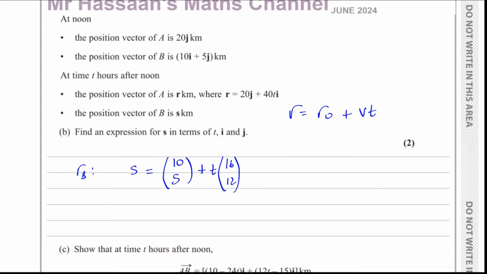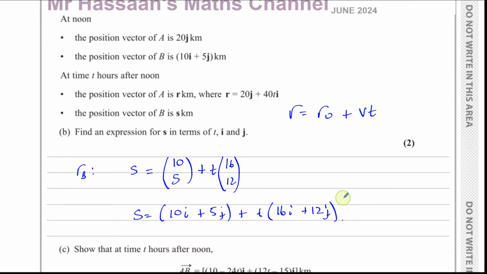But they want it in terms of t, i, and j. So we should write it as S equals 10i plus 5j plus t times 16i plus 12j. If you want to, you can write it as (10 plus 16t)i plus (5 plus 12t)j.